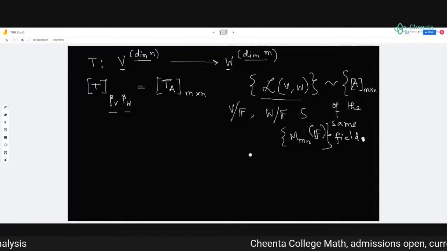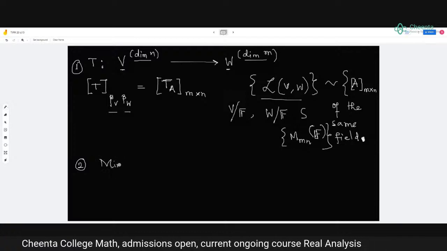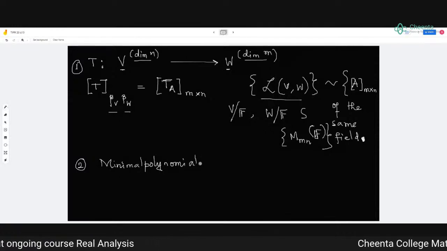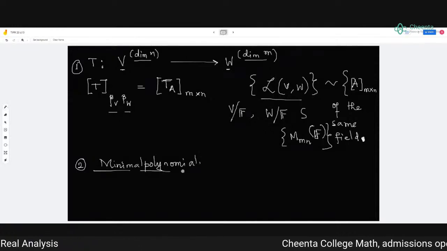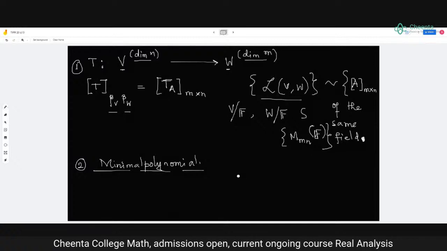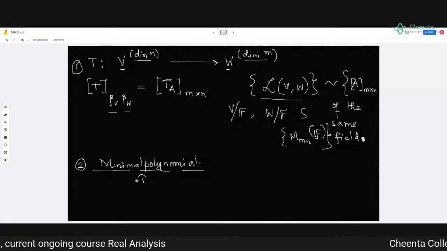The second thing you need to understand to solve this problem is the definition of a minimal polynomial. In short, a minimal polynomial is the least degree polynomial that divides the characteristic polynomial and which has the matrix as its root. So there are two things to understand.